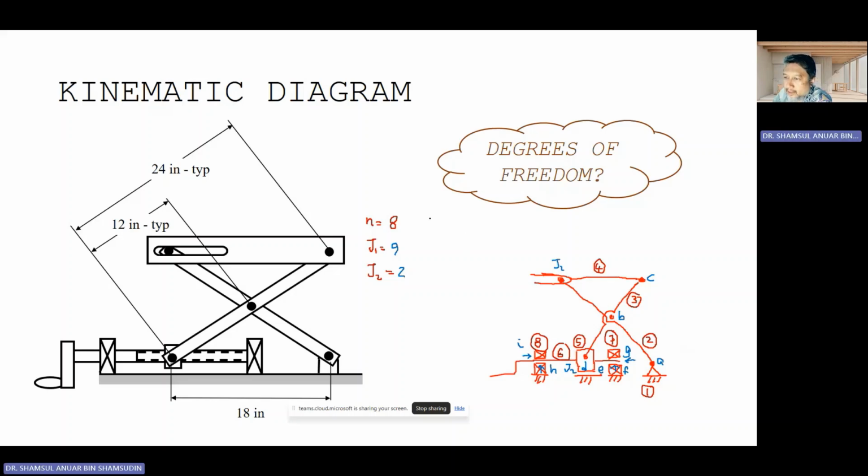If we do the calculation for the mobility, it is 3 times (N minus 1), which is 21, minus 2 times 9, which is 18, minus 2.